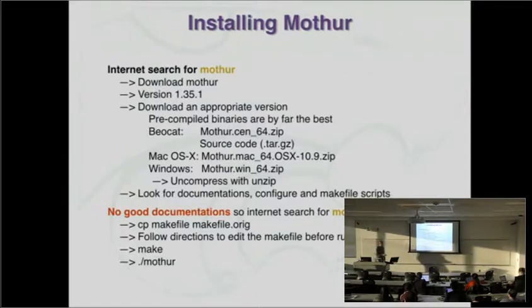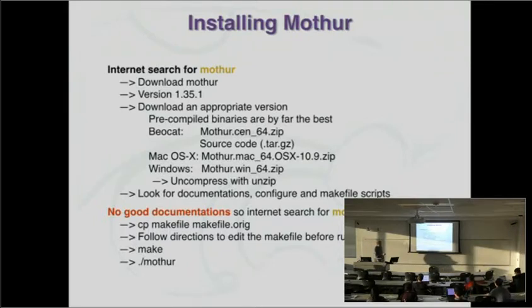In this case, there was one called mother.cen_64.zip. Now, when I see that, what I see is this is CentOS 64-bit stuff. That'll probably work on our system. So we didn't actually have to compile this. We just uncompressed it, and the binaries were there already. That's always the easiest way, if there's precompiled binaries.